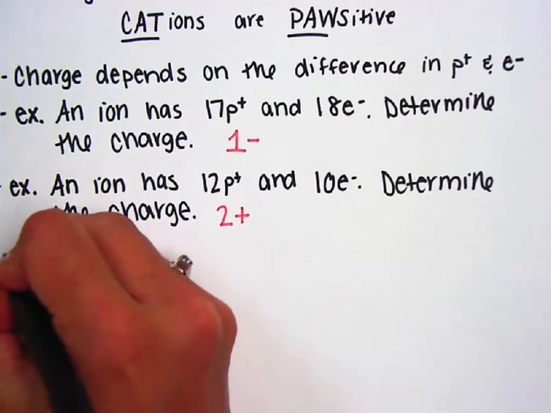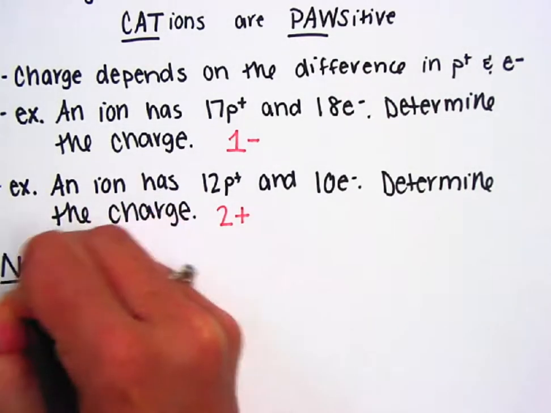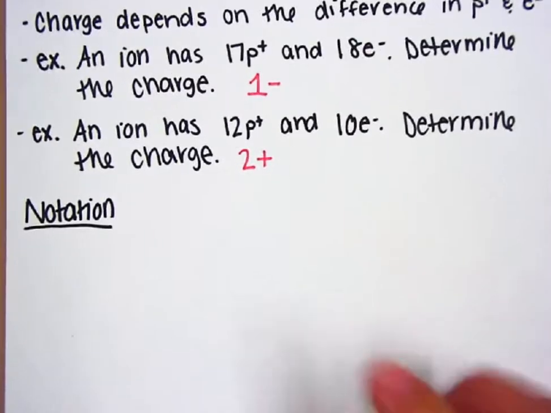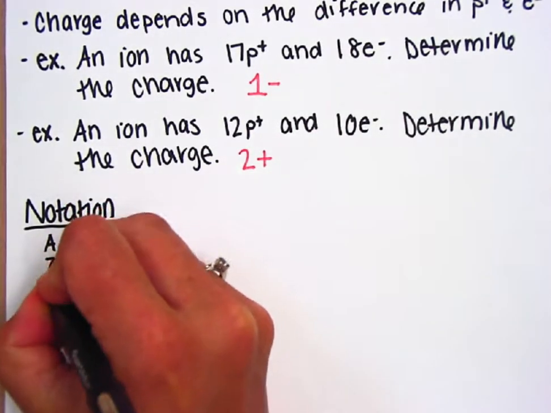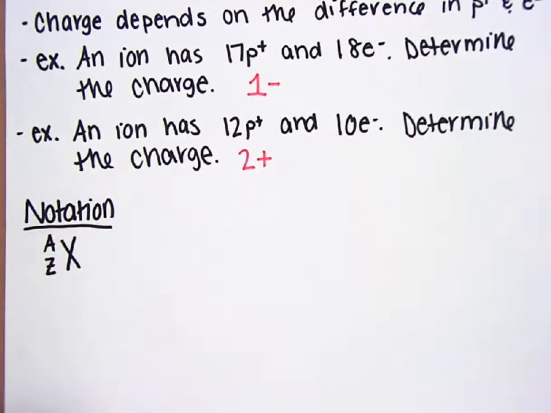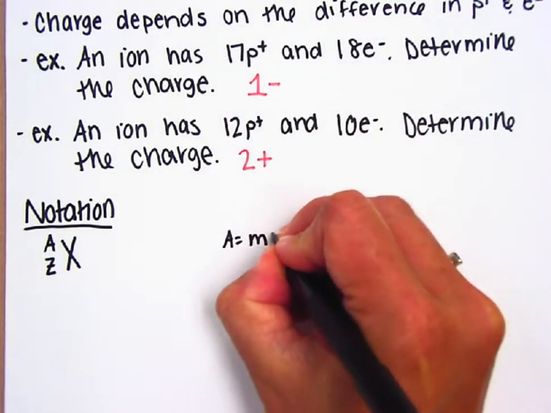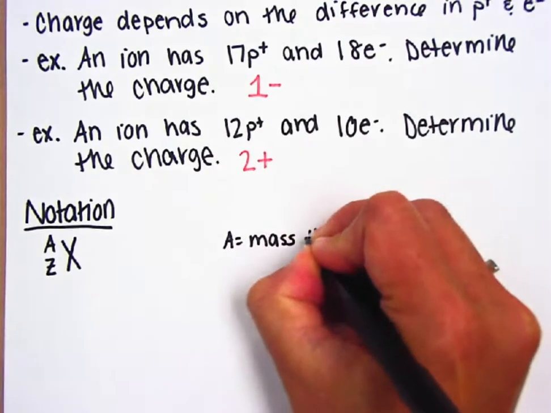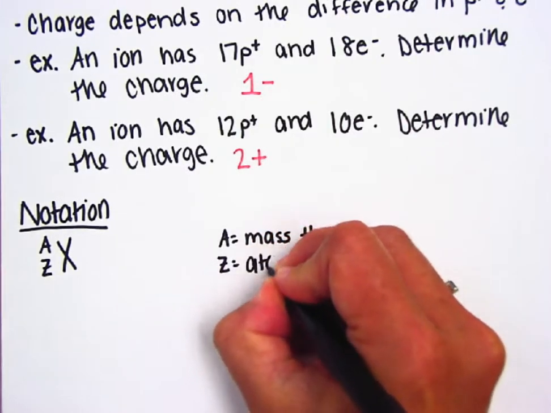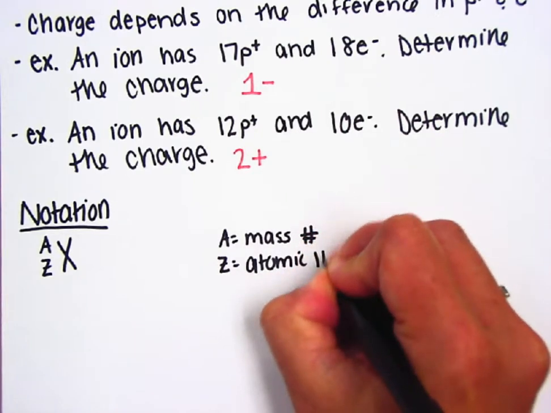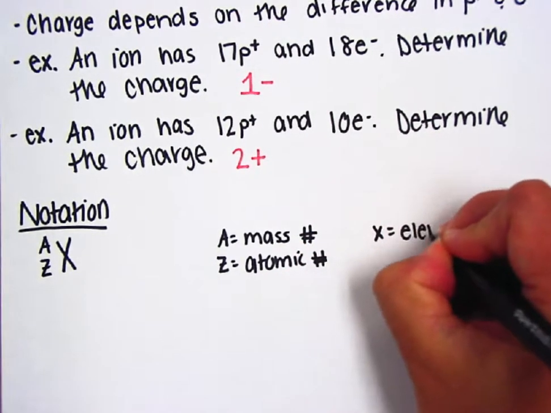Well, how does charge fit into notation? So remember from last lecture, we had our A to Z notation, where A represents the mass number, Z represents the atomic number, and X is the element symbol.